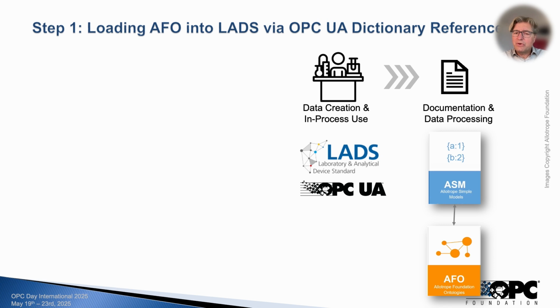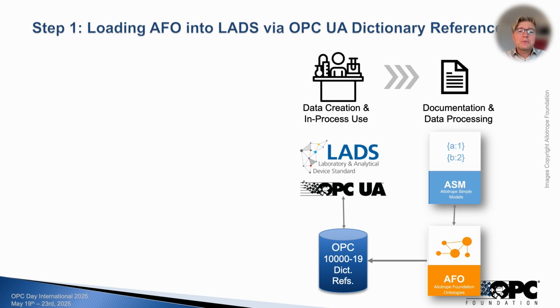Let us begin with the technical foundation for semantic alignment. The Allotrope Foundation Ontology terms are converted into a standard OPC UA node set following the specifications of OPC UA Part 19, dictionary references.